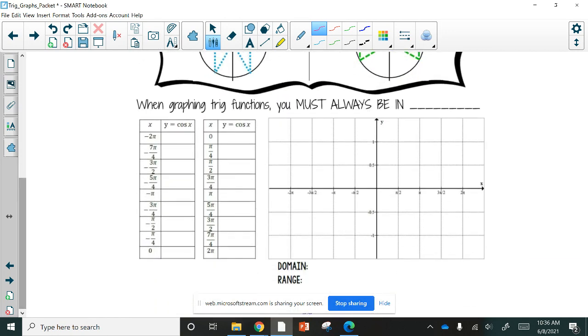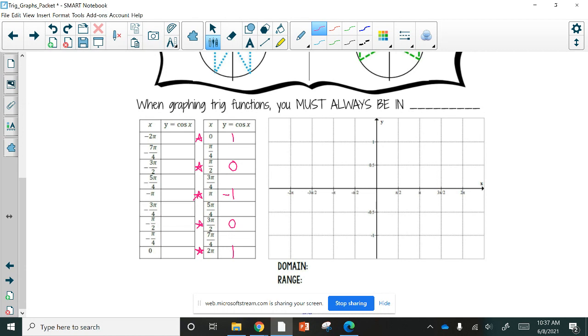When our angle is 0, the value of cosine is 1. When our angle is pi over 2 up at the top, we went up, but our x value was 0. When our angle is pi, we went to the left. We went to the left 1. Our cosine value is negative 1. When we're down at 3 pi over 2, our x value is 0. And when we go back to 2 pi, we go back forward with an x value of 1.